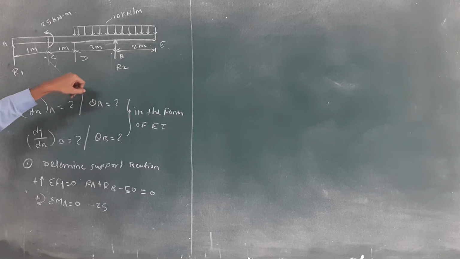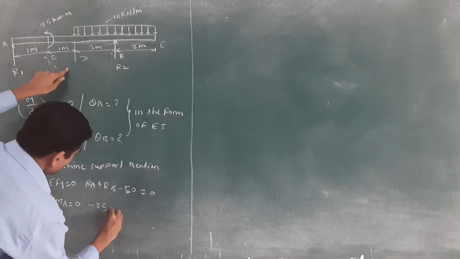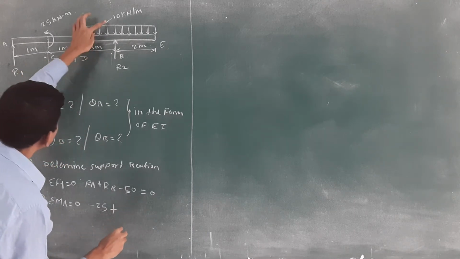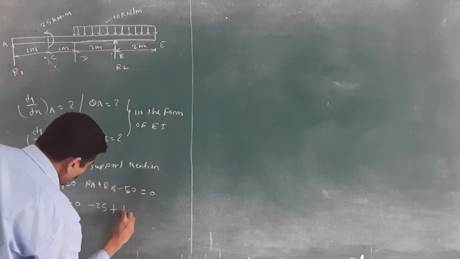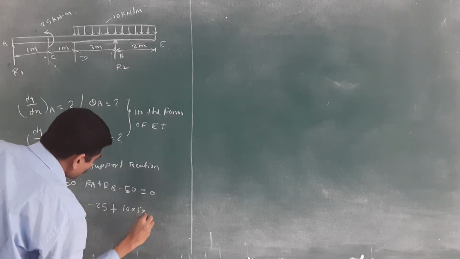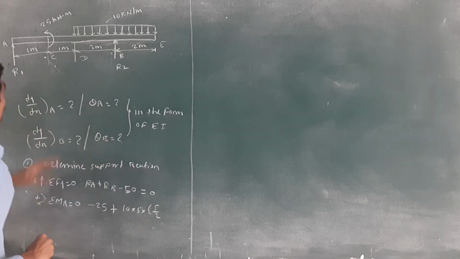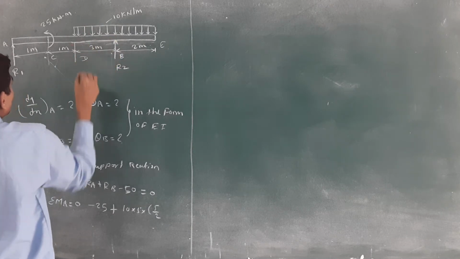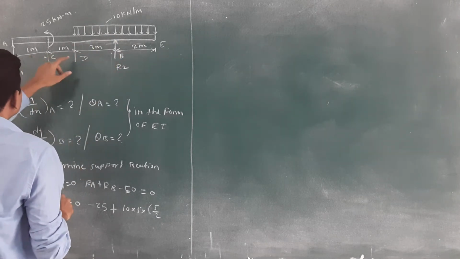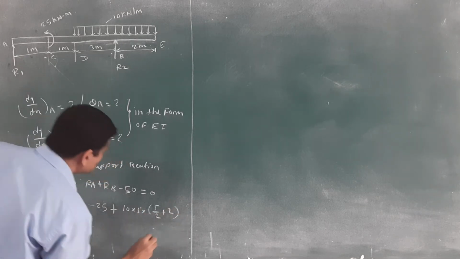And the UDL is going in the clockwise direction, so the UDL is plus 10 into 5, acting at the center, at 5 by 2, and the 2 meter distance up to A means plus 2.